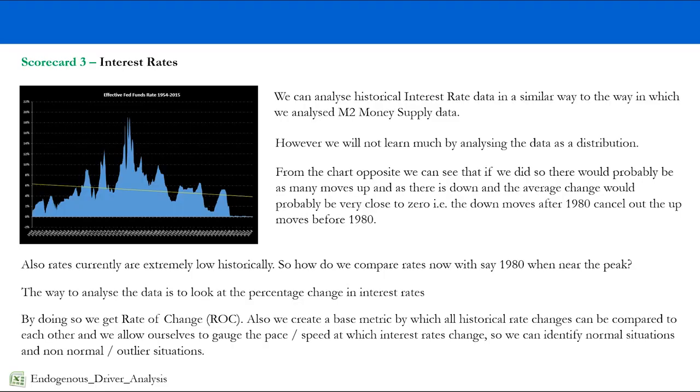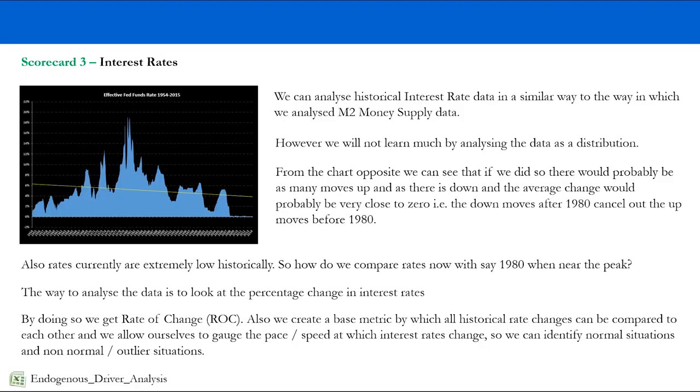However, we probably won't learn much by analyzing the data as a distribution. So if you look at the chart opposite, it kind of already looks like a distribution of returns in itself. So there's lots of positive data points between 1954 and 1980. And then that's followed by what seems to be as many negative data points.